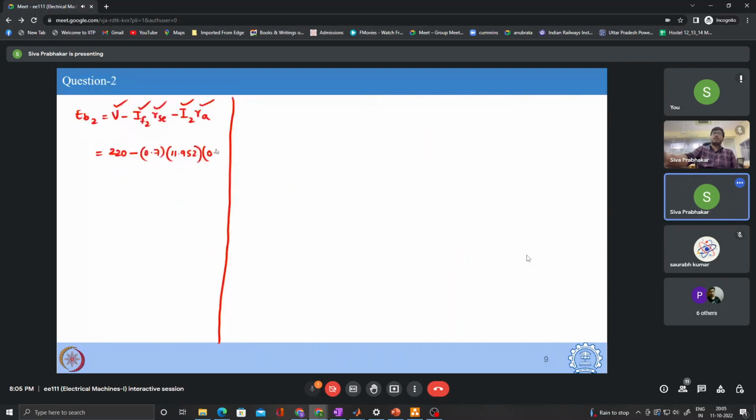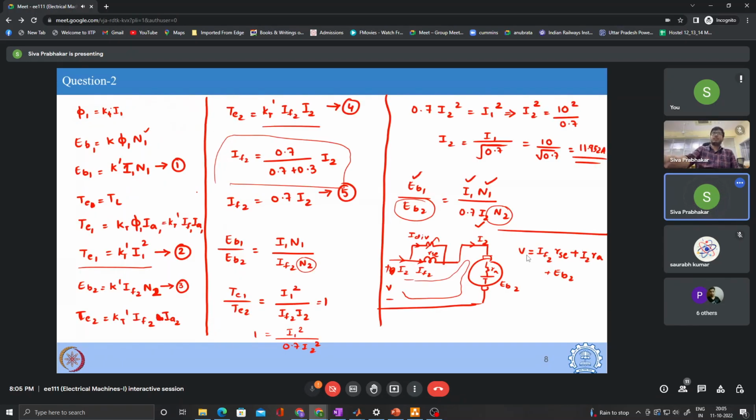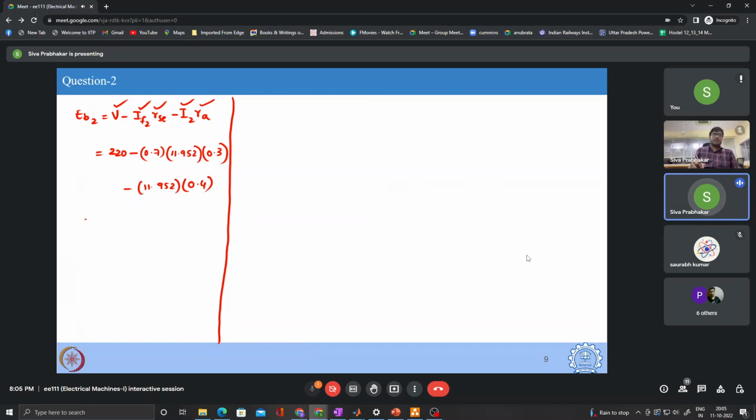Yeah. So RSC is 0.3, minus I2, which is 11.952, into RA, which is 0.4. Yeah, 0.4. And substituting the values, you get the value of back EMF to be 212.70928.